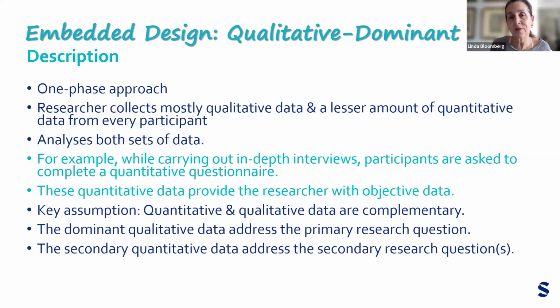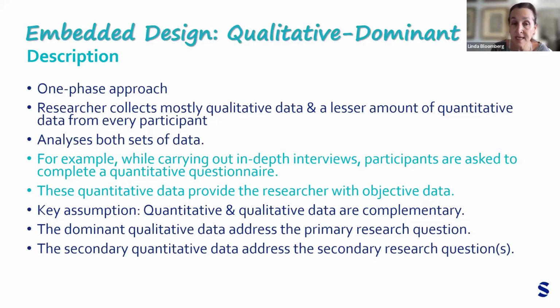So can you see here how the qualitative is the most important focus in this design, and the quantitative collection and analysis is secondary? The questionnaire or survey is secondary to the in-depth interviews. So this is a flip of what I just showed you with the quantitative dominant. This is just in reverse.